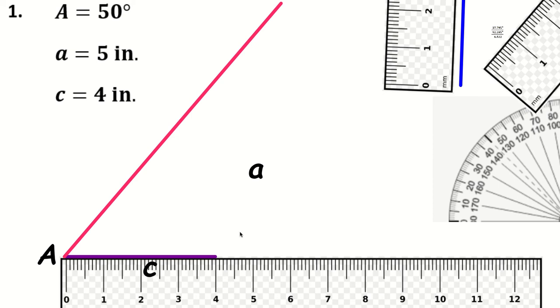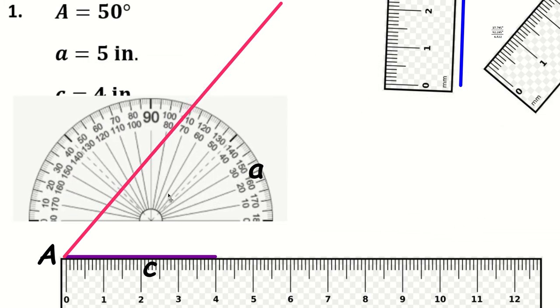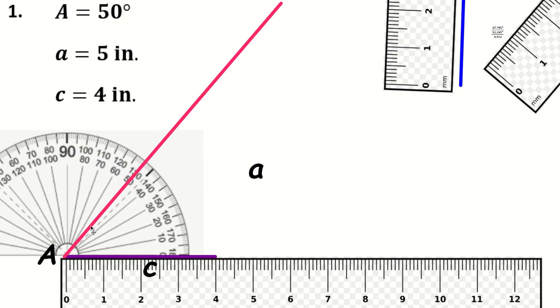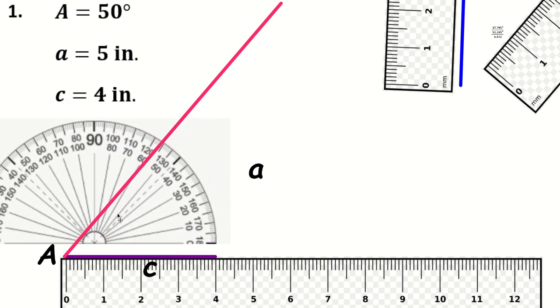Basically, you're going to take your protractor or ruler and you're going to draw side C first. So side C is locked in at 4 inches. You're going to draw that purple side of the triangle first, so measure out 4 inches and draw that, okay? Then you're going to take your protractor, and this is how you use a protractor, okay?